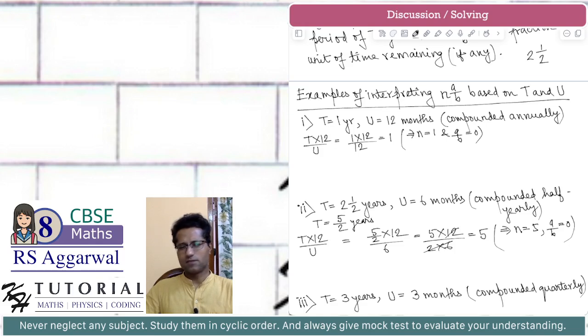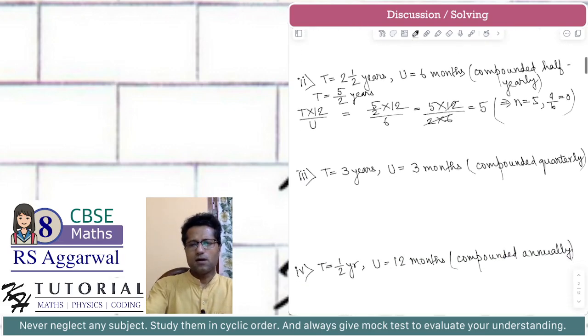For all these cases, case 1 and examples 1 and 2, we are having the fractional part 0, because t in months is exactly divisible by u. Okay. If t is 3 years, so t multiplied by 12 divided by u is coming to be 3 multiplied by 12 divided by 3.